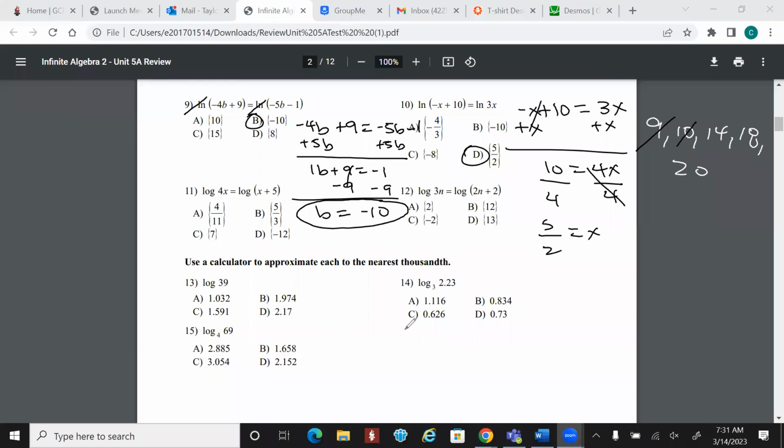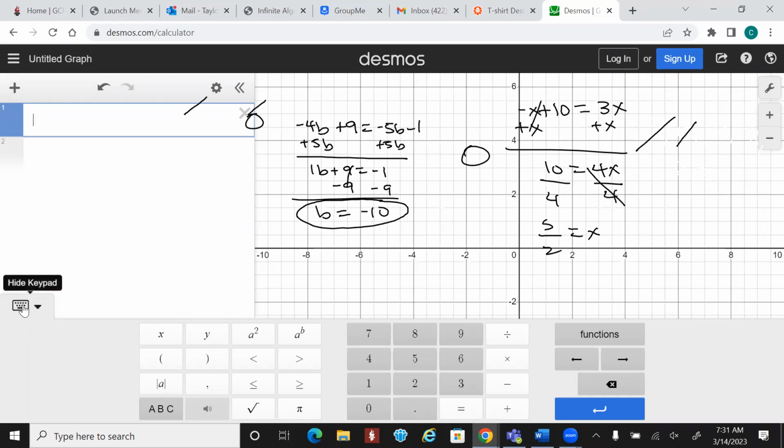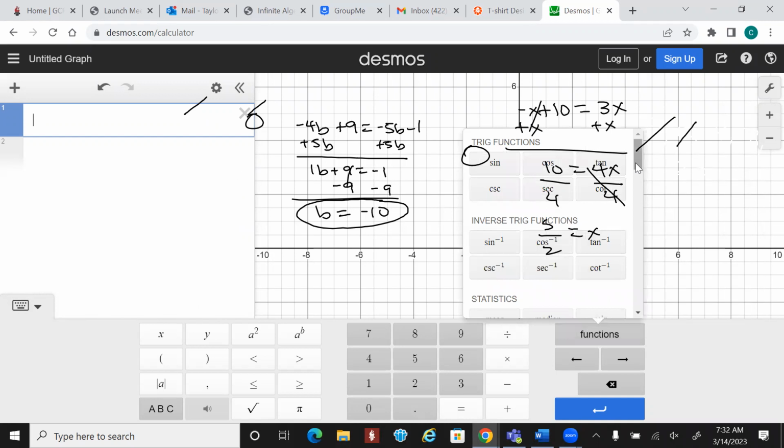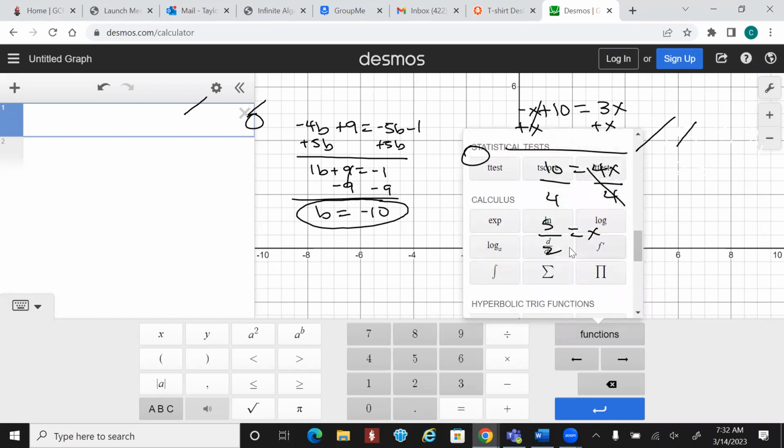So on 14, if you get this wrong, dishonor on you. Okay, so what you're going to do is take this and type it into Desmos. But watch closely if you don't know how to type this into Desmos. You're going to go to the keyboard, go to functions, and scroll down to where it says log of base A. So right here.